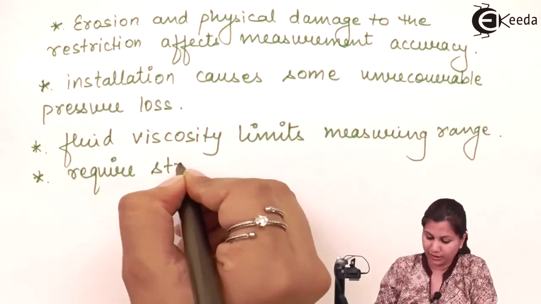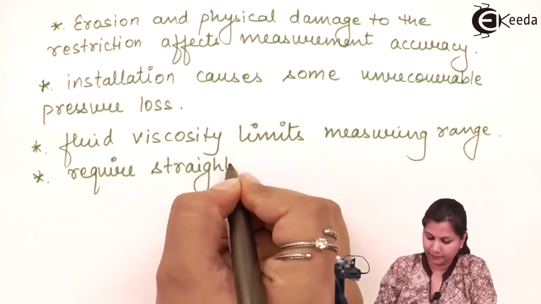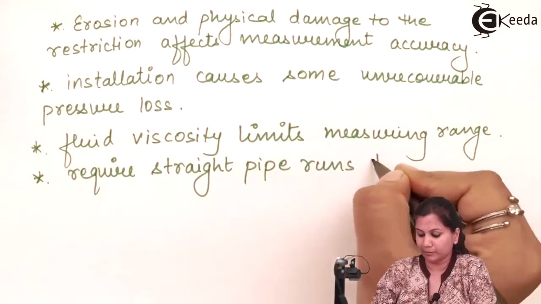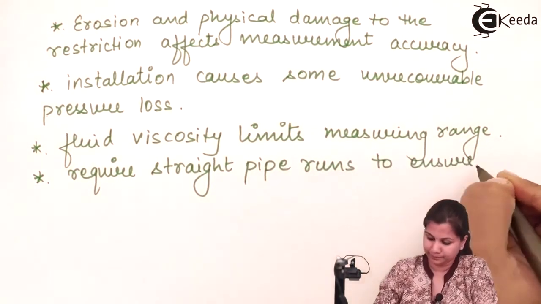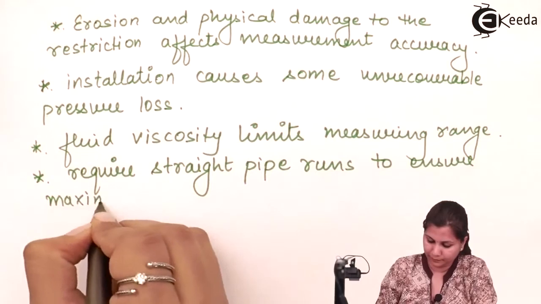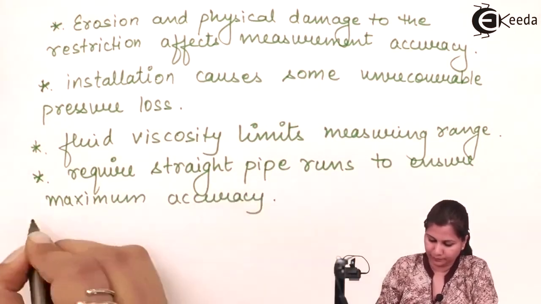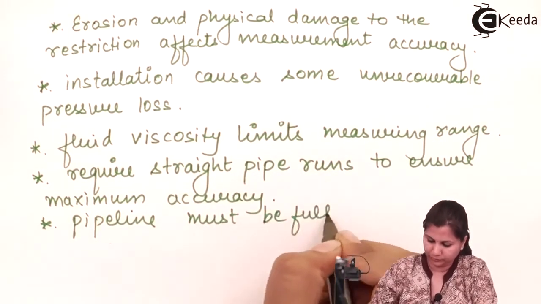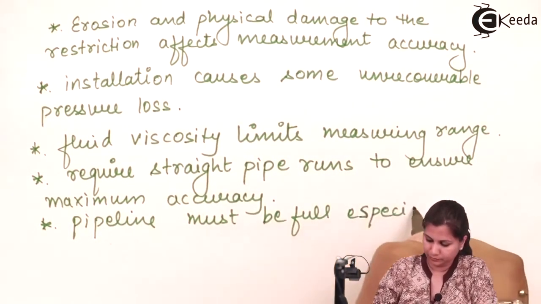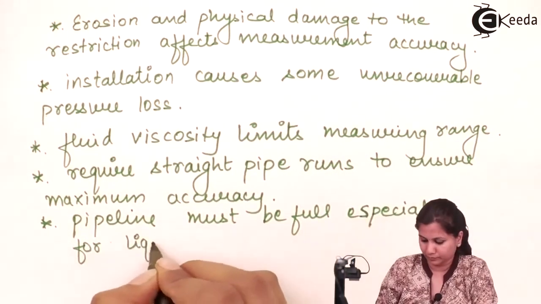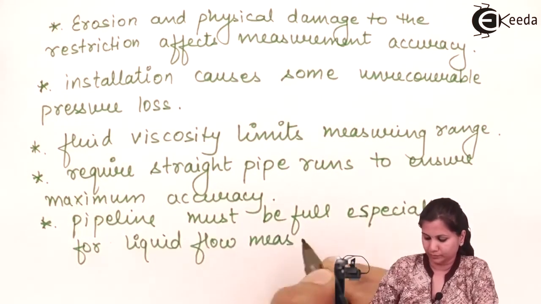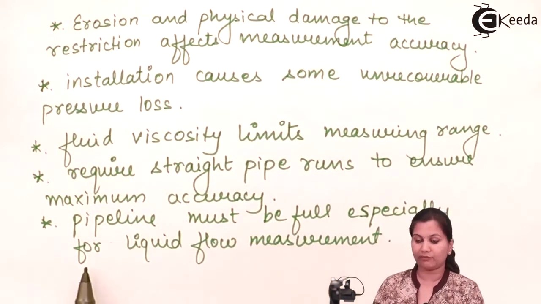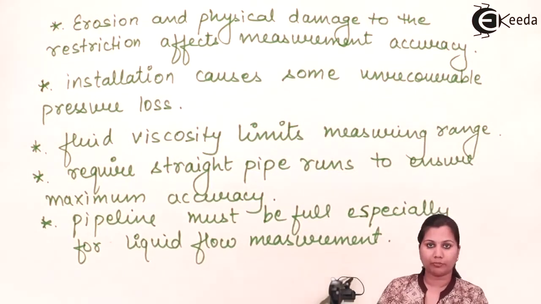They require straight pipe runs to ensure maximum accuracy. Also, the pipeline should be full, especially when we are doing the liquid flow measurements.